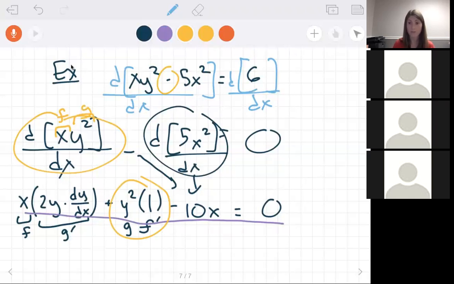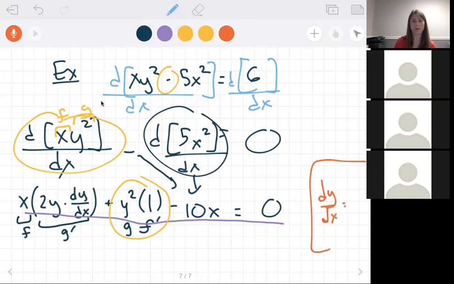And then the derivative of f does not involve a y, so we don't get a dy dx. Now, are we finished? No. Think back to your goal. Your goal in all of this, in the back of your mind, is to write dy dx equals. So at this point, we have an equation that has a dy dx. We just need to solve for it.